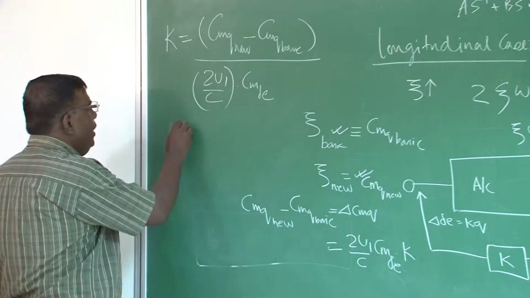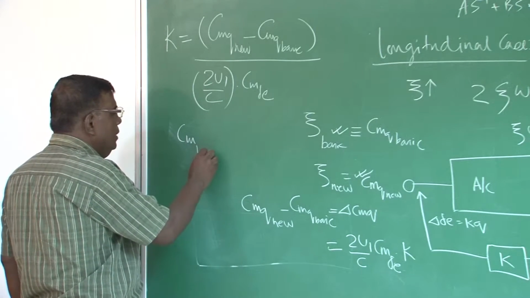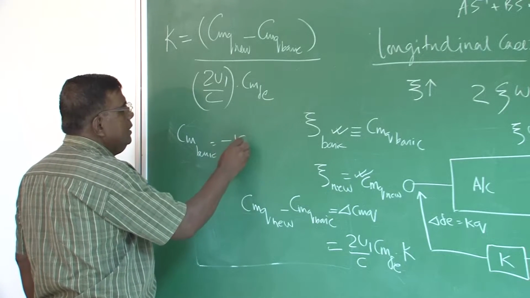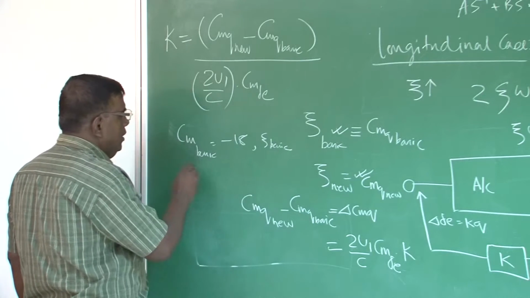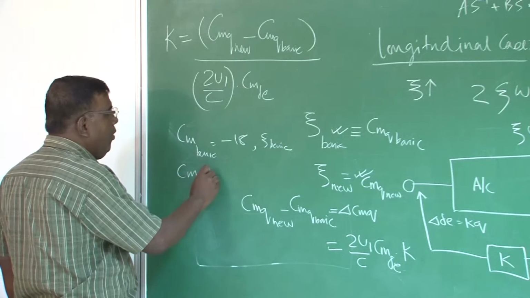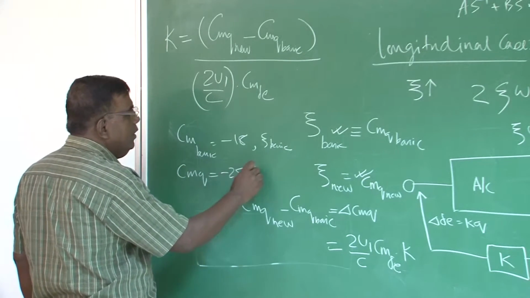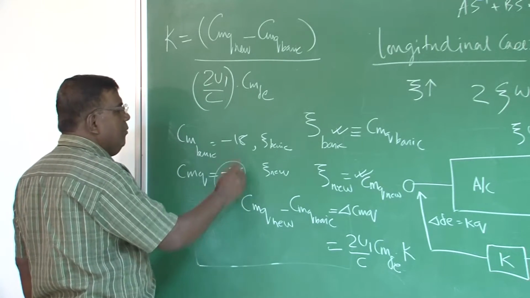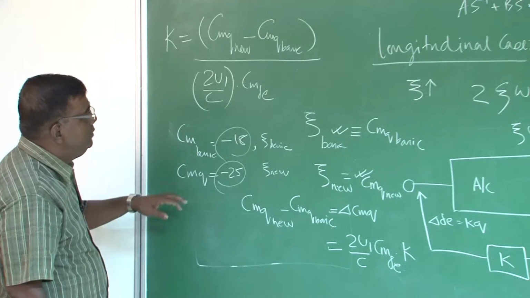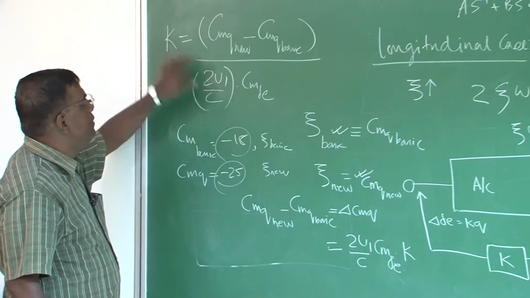Suppose CMQ basic was minus 18 for zeta basic, but CMQ is minus 25 for zeta nu, then minus 25 minus 18 is delta CMQ. That comes here, and the rest is here, right?